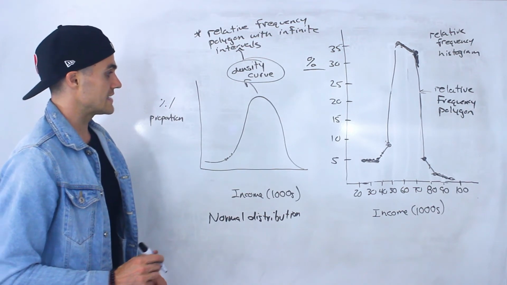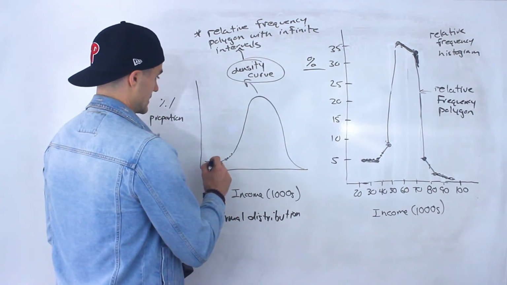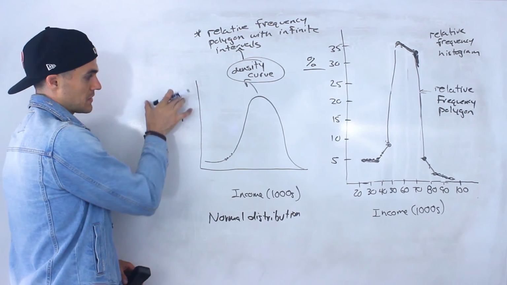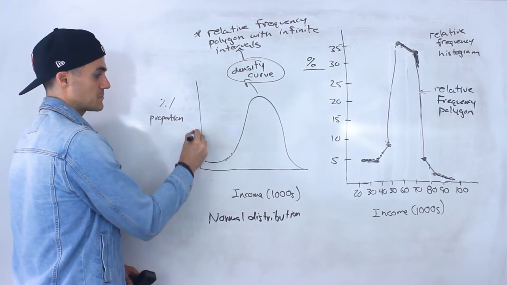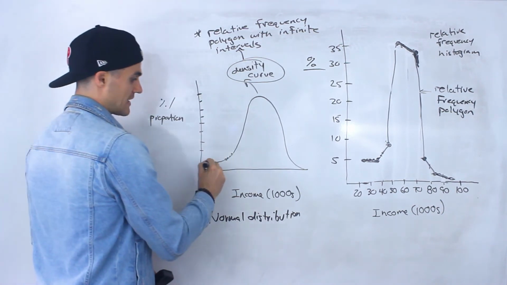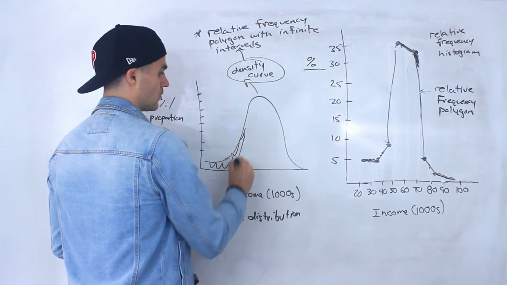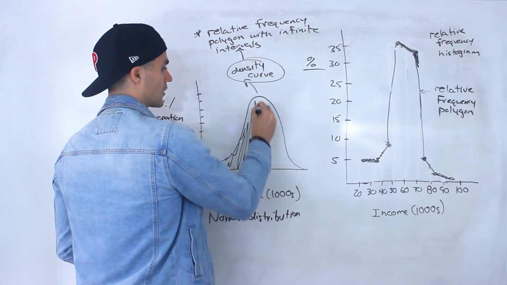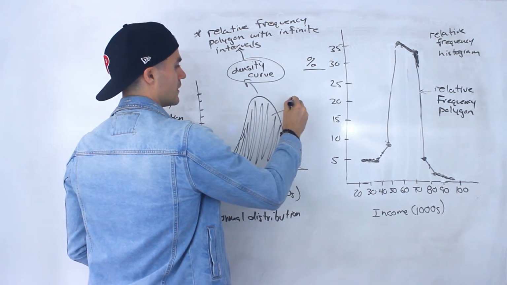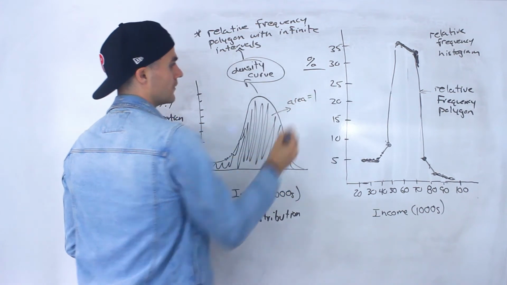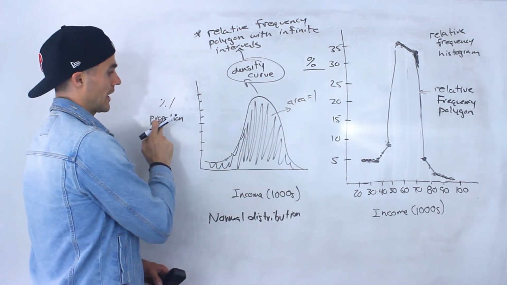And what's nice about a density curve is that this y-axis is always going to be the percentage. Usually it's actually the proportion. This is all usually going to be in decimals. And so the area, this whole area here, under a density curve is always equal to 1, or 100 if you're looking at percentages.